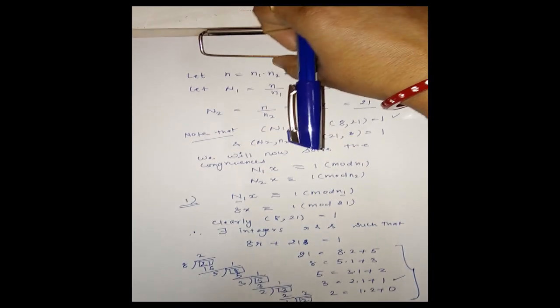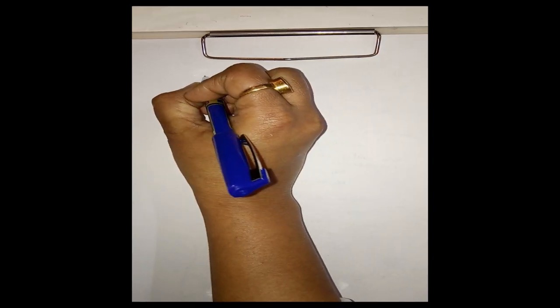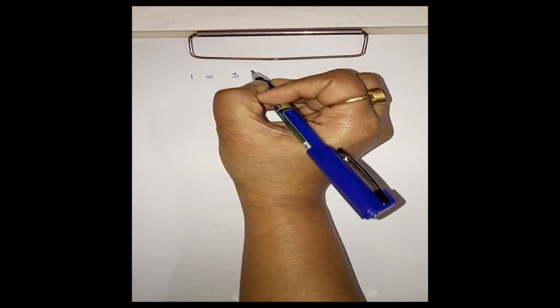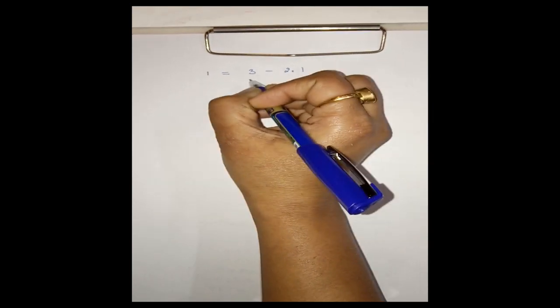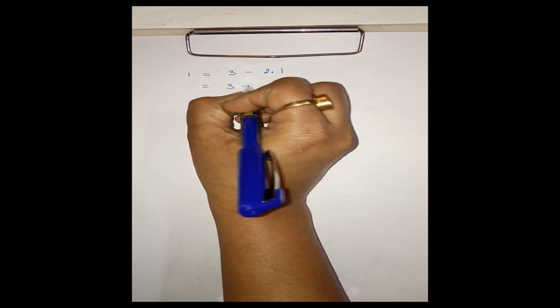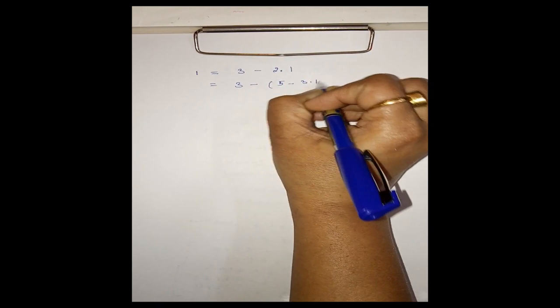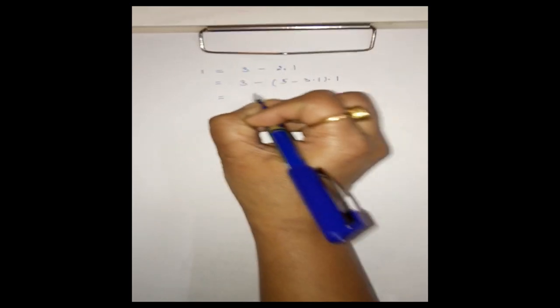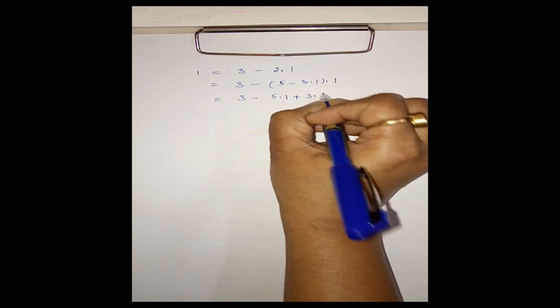We have to find the values of R and S. We will start from the second last step. From the second last step we have 1 is equal to 3 minus 2 into 1. Now 2 can be written as 5 minus 3 into 1, so that is 3 minus 5 into 1 plus 3 into 1.